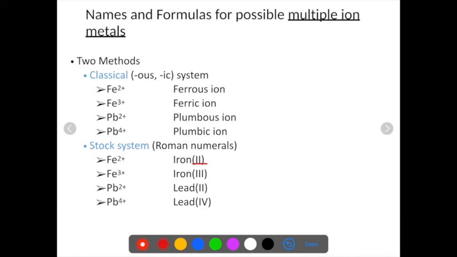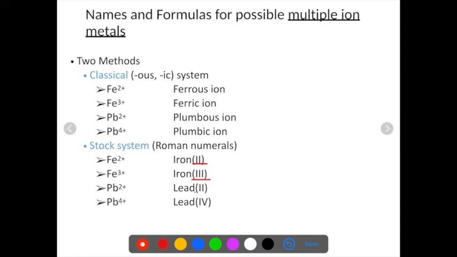And if I have iron 3 plus, then I'm going to put 3 in Roman numerals in parentheses. We're only going up to 4, so you will use 1, 2, 3, and 4.